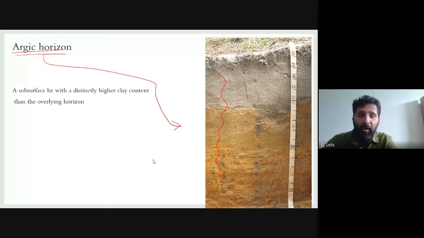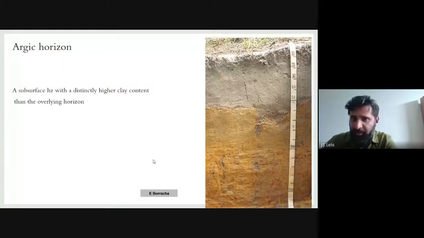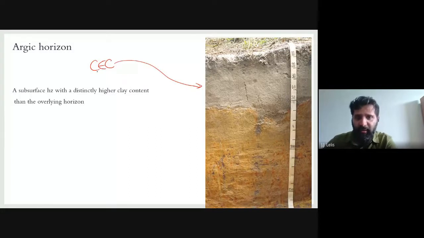Okay, another soil property where we can usually see the difference is the CEC. In this case, we have a sand texture, and in these cases, generally the CEC is very low because sand does not present a high specific surface, so it couldn't hold a lot of bases or even acid, okay?